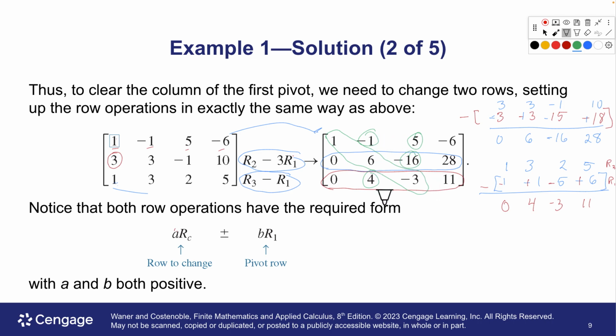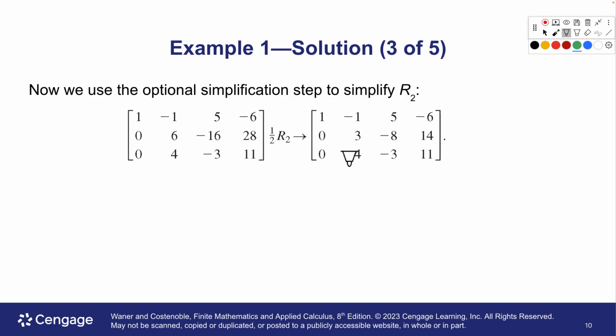Okay, we'll see. We'll be able to get these zeros as we go. So that's the whole process. Get zeros above and below, or just above, or just below, however it is. Get the zeros everywhere. And then on the diagonal, we will be able to change all of these to 1 by division. Okay. So let's keep going.